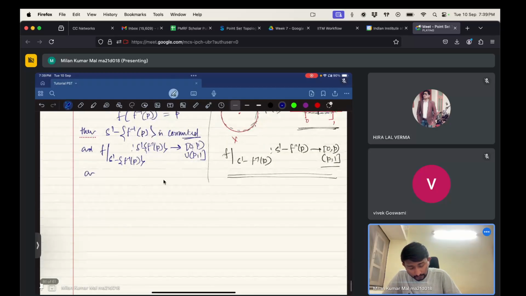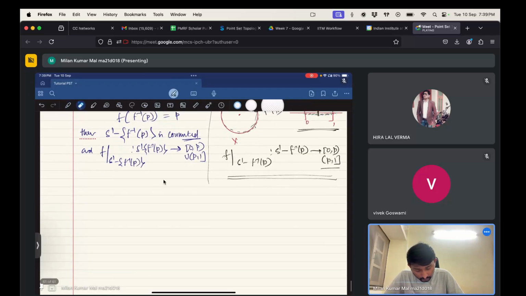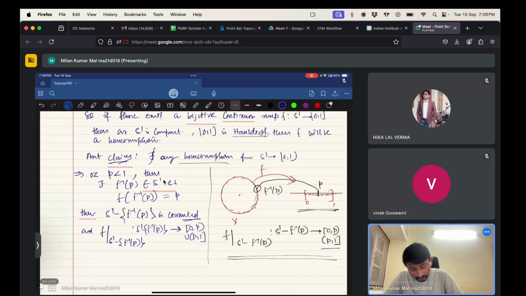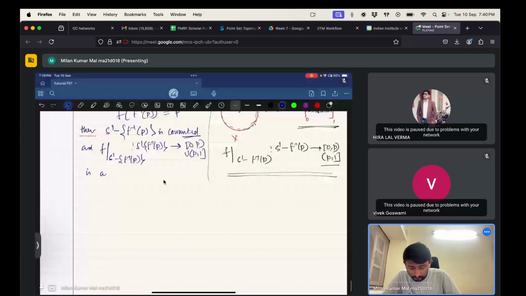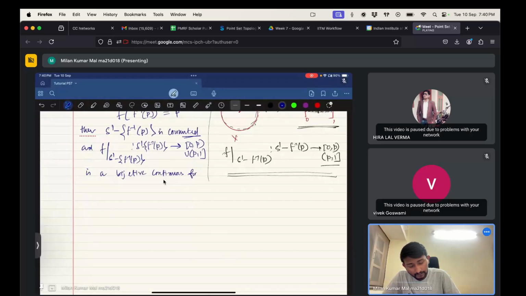So if there exists any such homeomorphism, then this is a bijective continuous function.